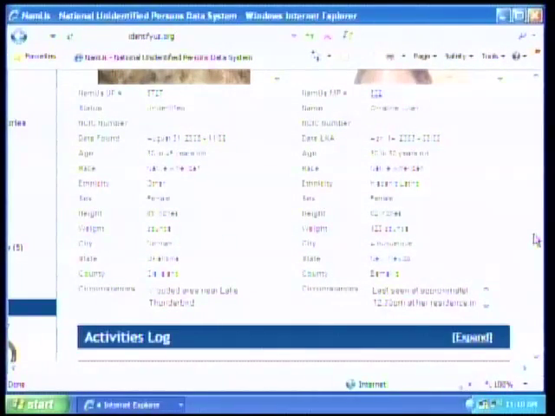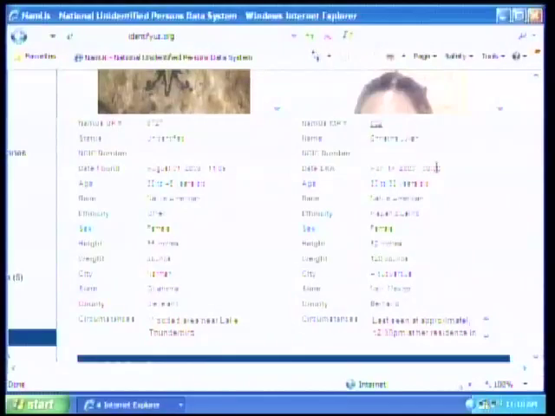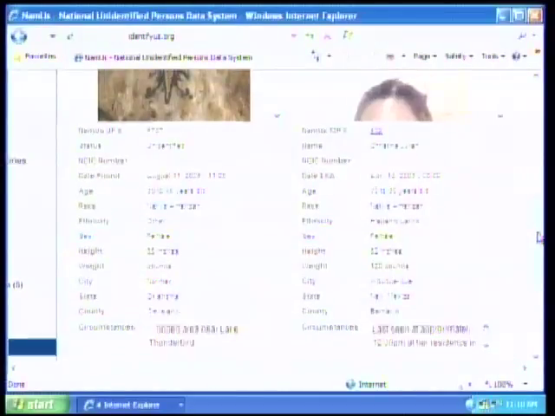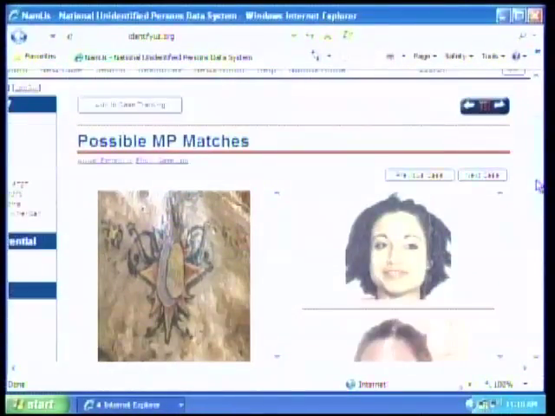So again, nothing from this comparison side by side that I could use to exclude the possibility. And of course it's the search algorithms within NamUs that use this information that's listed here that came up with a possible match of Christine to our Jane Doe. So since we have dental information, let's go right to that in Christine's case.